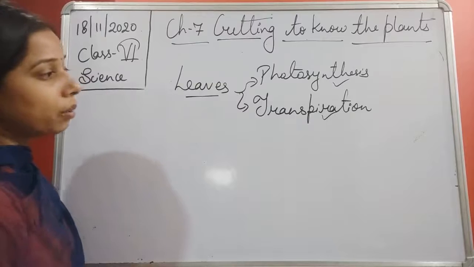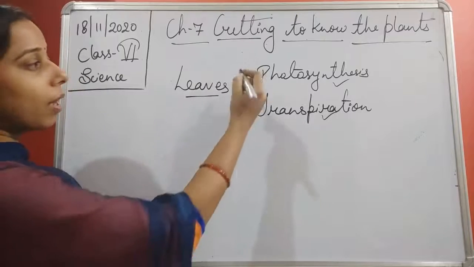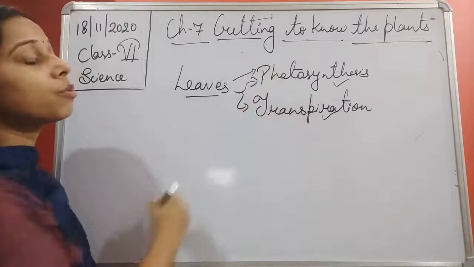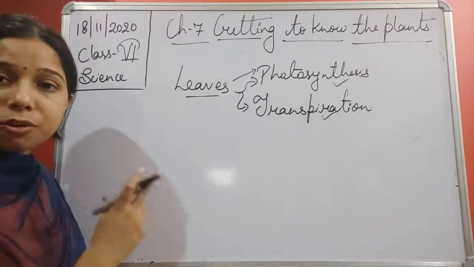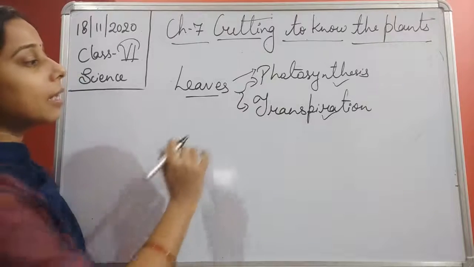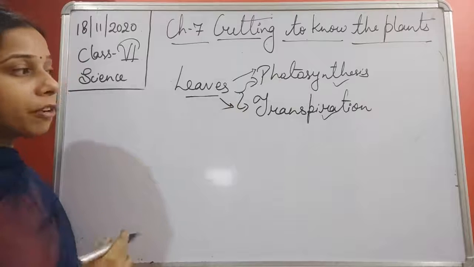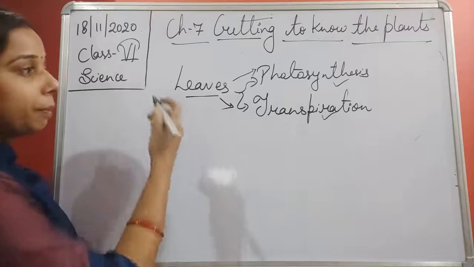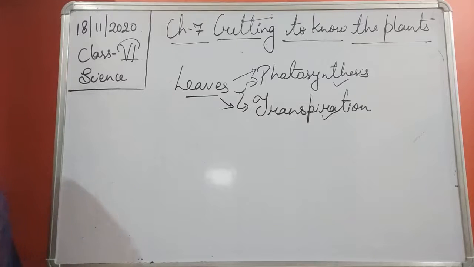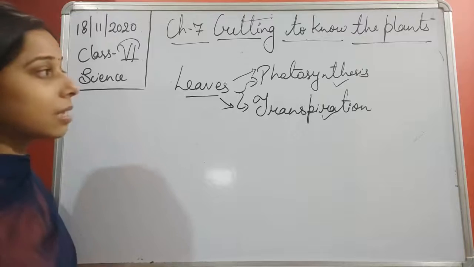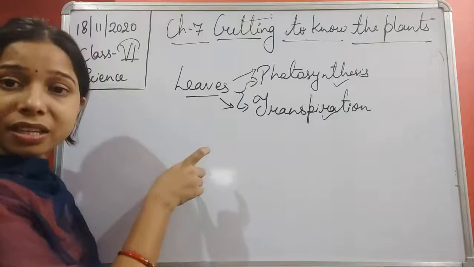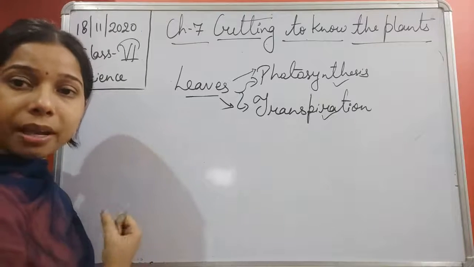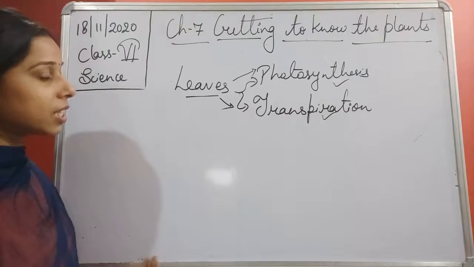If we talk about the functions of the leaves, students, the first function is photosynthesis. Second, it helps in transpiration. Third, it helps in gaseous exchange also. In plants, gaseous exchange takes place through the leaves themselves, taking in carbon dioxide and releasing oxygen.